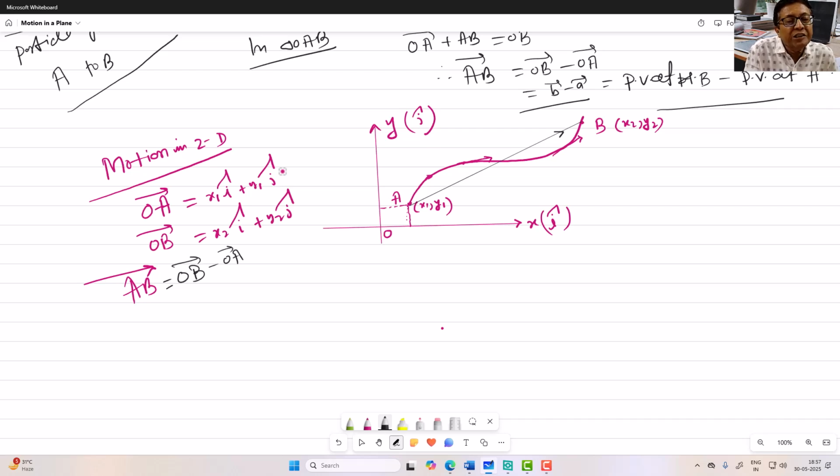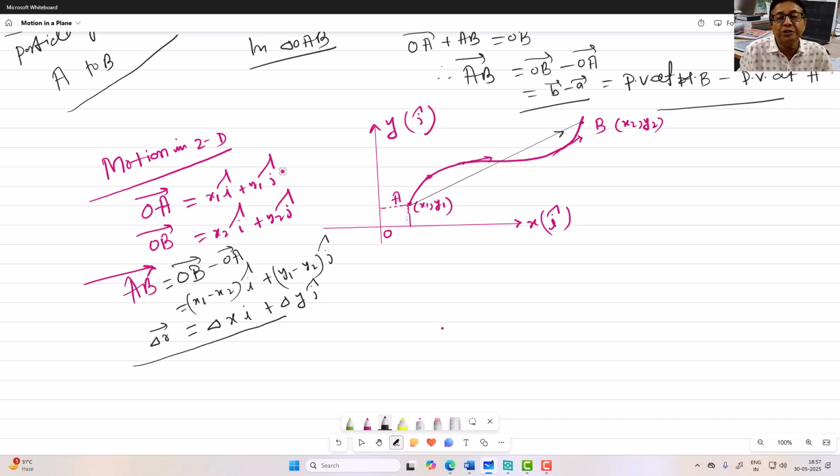If you subtract this from this, it is going to be x2 minus x1 i cap, y2 minus y1 j cap. We can take this one delta x, change in x, and this one delta y. And AB vector, this displacement vector, we can denote by the letter delta r, change of position. Okay? This is in terms of coordinates of 2 points.